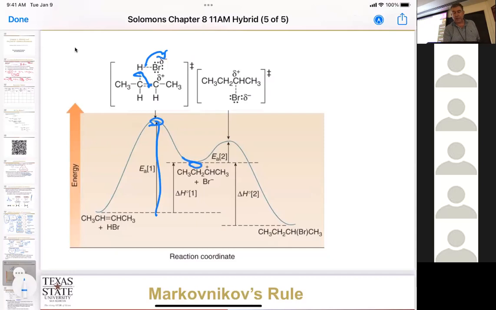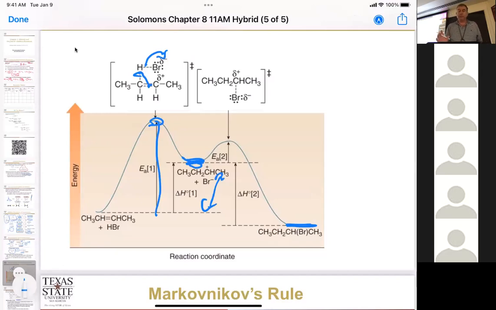Then we form that higher energy intermediate. The carbocation is higher in energy than the starting material, but it has a lower activation energy, so it's fast, and then it makes our product. Most of these go from an alkene to something with only sigma bonds, and those tend to be more stable, therefore these reactions tend to be exothermic.